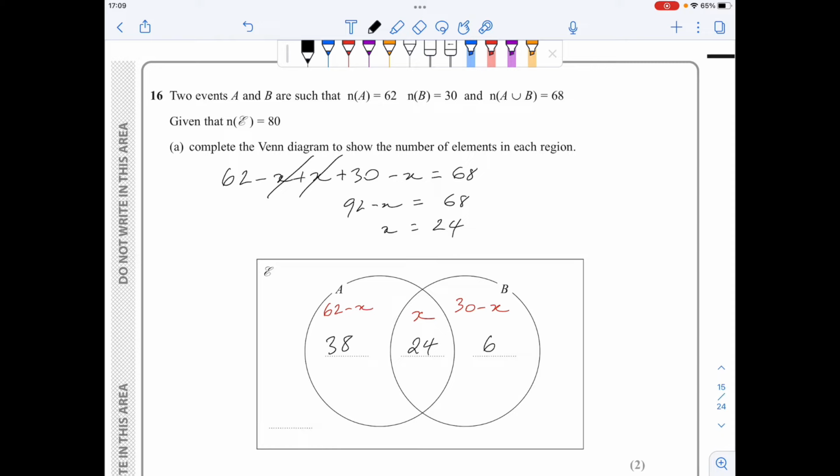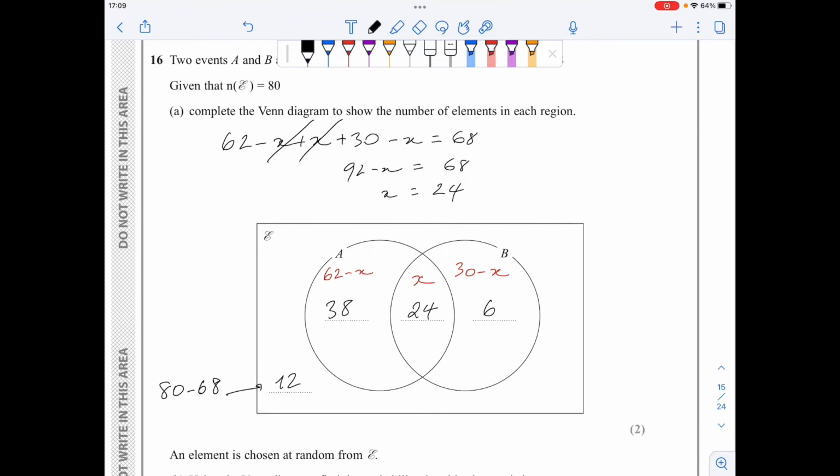Now the total must be equal to 80, so the outside region is 80 minus 68, which comes out to be 12. Now you can find this one in a much faster way by recognizing that if these three regions are 68 and then these two are 30, you are left with 38, and then you can figure out the other two.